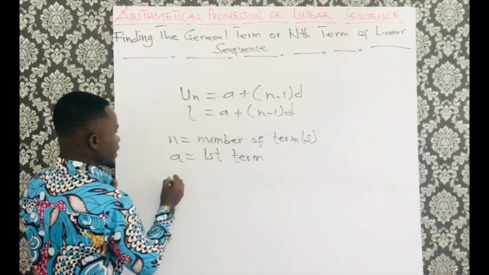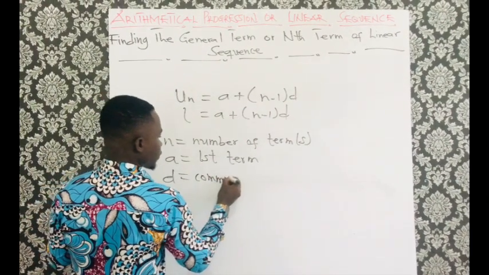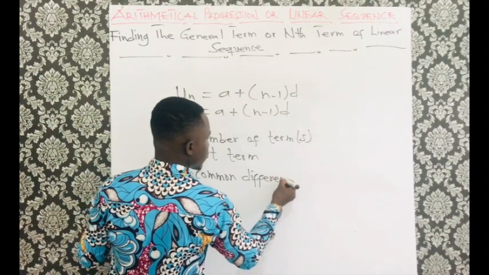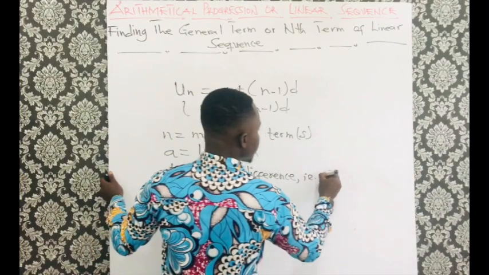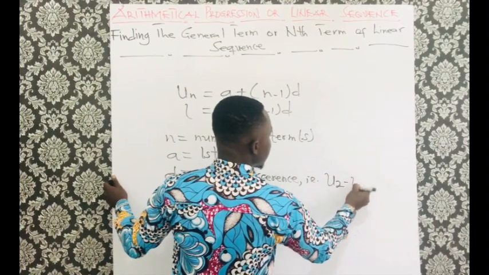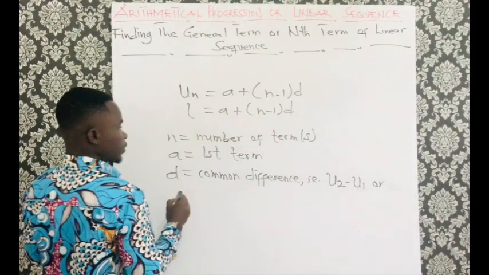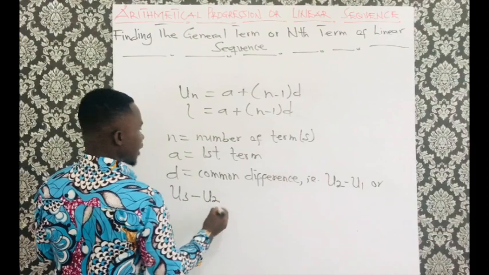I also have d which is the common difference. That is the difference between the second term and the first term, or the difference between the third term and the second term.